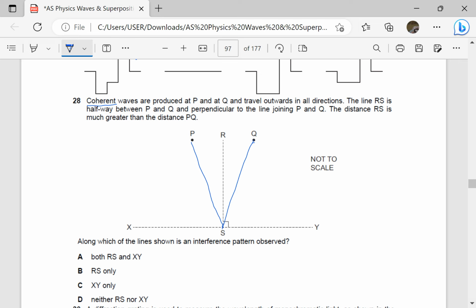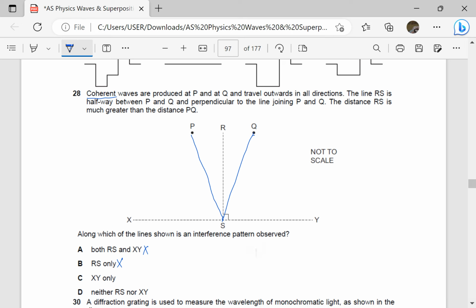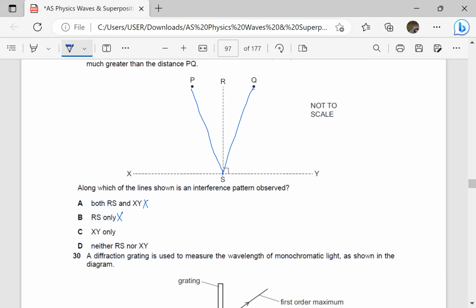We don't expect interference patterns along RS, so this one is wrong. RS only, we don't expect an interference pattern along RS. XY only, we expect an interference pattern along XY, because waves from P and Q can travel different distances, and they overlap around here.